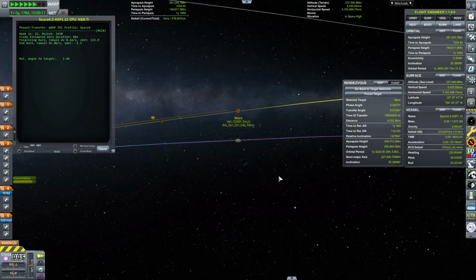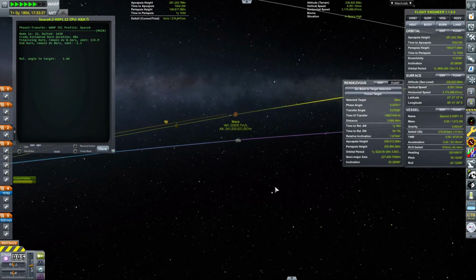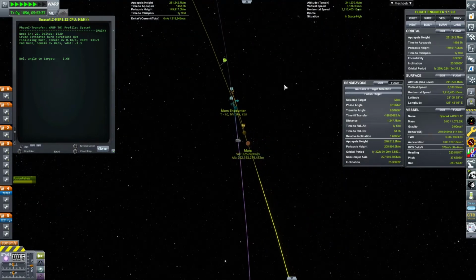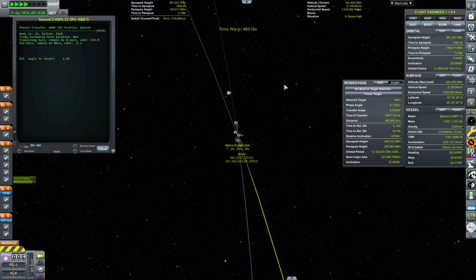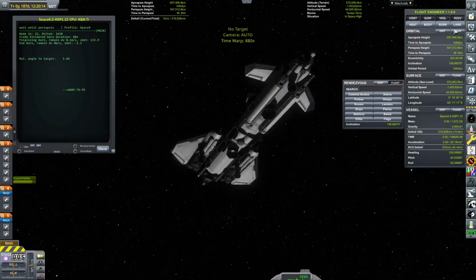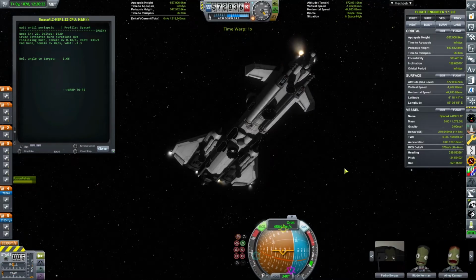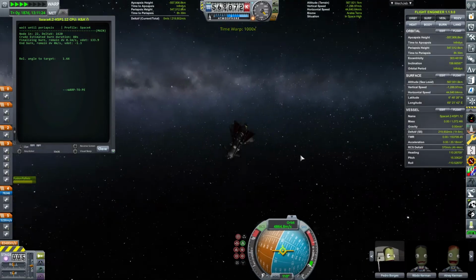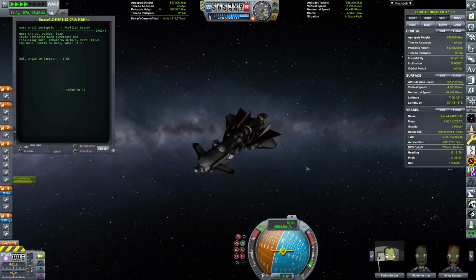So, okay, now entering the gravitational sphere of influence of Mars. Now we are waiting for the periapsis in order to allow our braking maneuver to be more efficient.